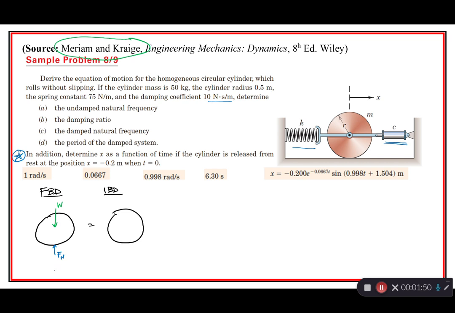Now we have to decide which way it's going to rotate. And the book kind of did that for us. We're going to say that it's in the midst of rotating this direction, and therefore it's going to be accelerating. And we're also going to assume it's accelerating in that direction. It's hard to do this without having some physical thing.